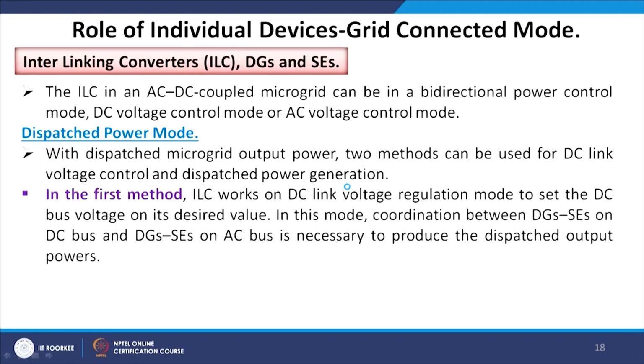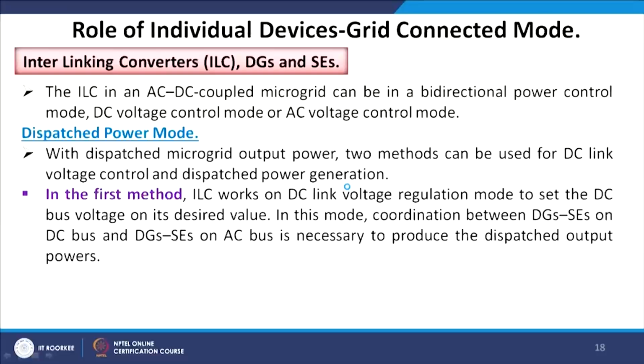In the first method, the interlinking converter works in a DC link voltage regulation mode to set the DC bus voltage on its desired value. In this mode, coordination between distributed generators and storage elements on the DC bus and distributed generators and storage elements on the AC bus is necessary to produce the dispatched output power.